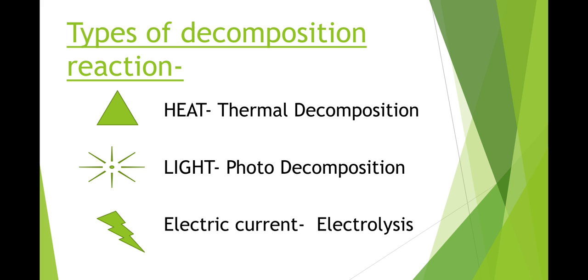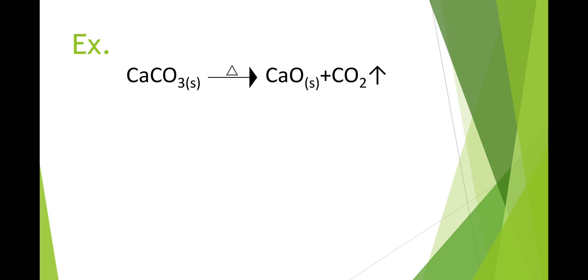Now let us see an example of thermal decomposition, photo decomposition and electrolysis. Here the first example is decomposition of calcium carbonate. For decomposition of calcium carbonate, again we have to perform an experiment or an activity. What we have to do?